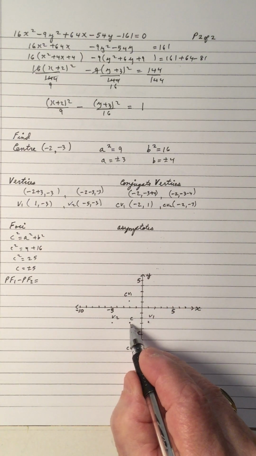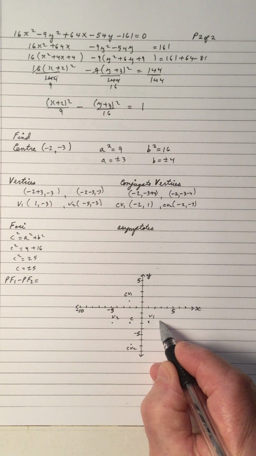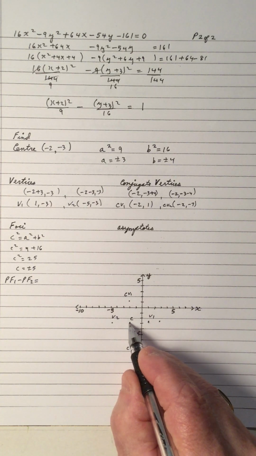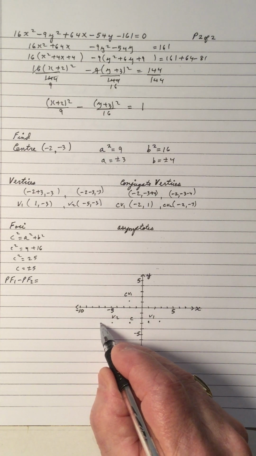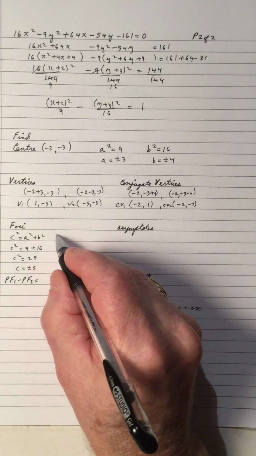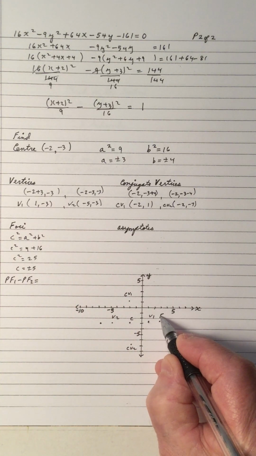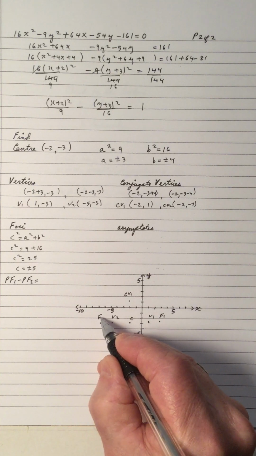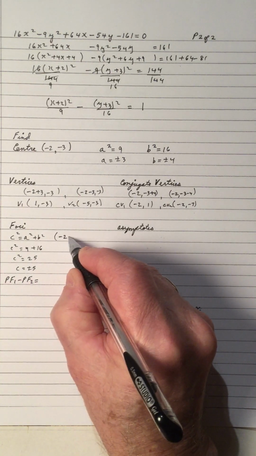We take the center and add 5: 1, 2, 3, 4, 5, right there. And we take the center and subtract 5: 1, 2, 3, 4, 5, right there. So this is focus 1, and this is focus 2. What we did was take the center and add on 5.